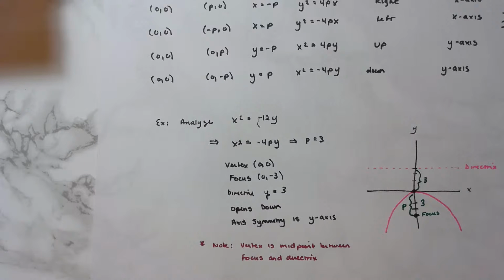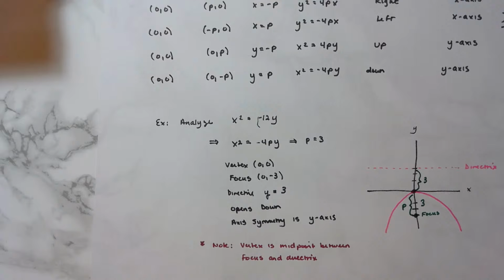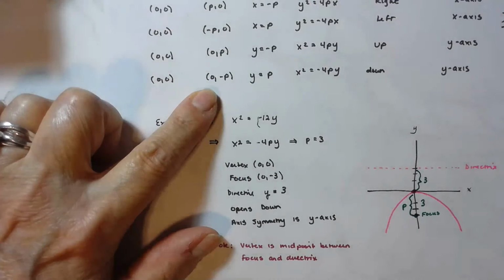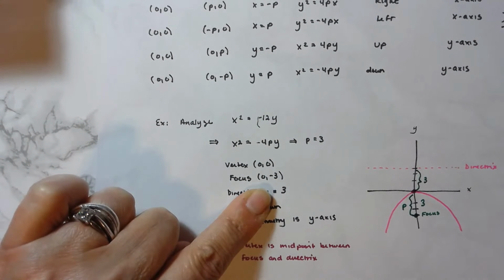Just based off that little bit of information, I could say, hey, I've got the vertex. I know the focus is inside. How can I find the focus? Well, I know that the focus is the point 0, negative p, and it turned out that that was 0, negative 3.